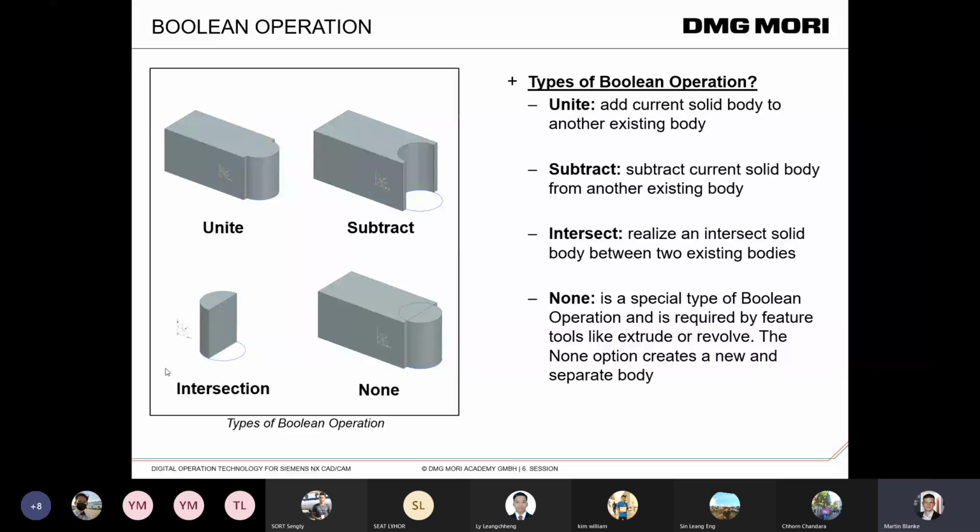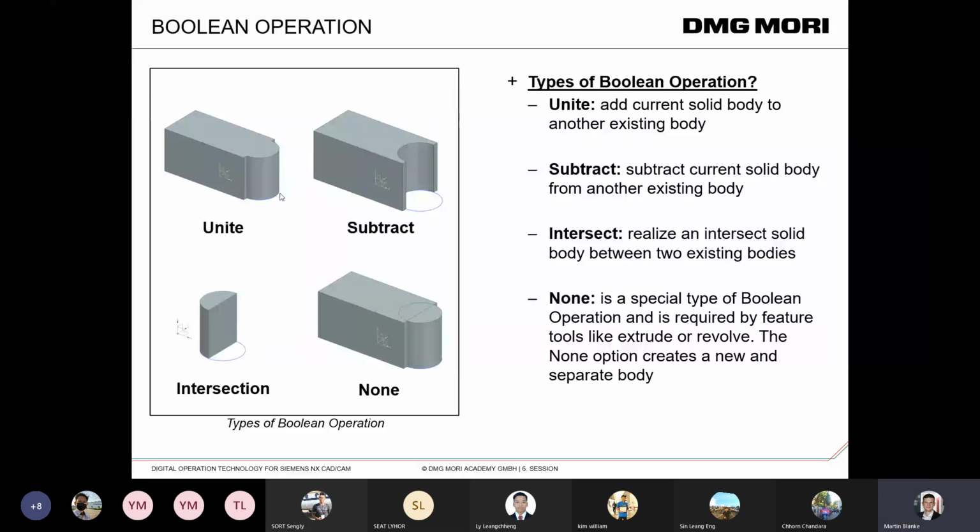The last one, which is a special one from Siemens NX, is none. More or less, it's not really a Boolean operation because Siemens NX doesn't do anything. None is a special type of Boolean operation, and it's required by feature tools like extrude or revolve. The none option creates a new and separate body. If you take a look at this picture, in this area you can see that there are two separated bodies.